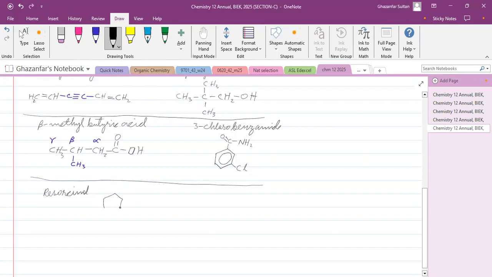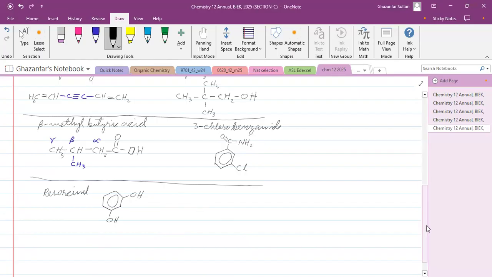Phenols are the compounds containing an OH group on any aromatic ring. So we can draw it in a better way. When two OH groups are present on alternate positions, they are called 1,3-benzenediol or resorcinol.